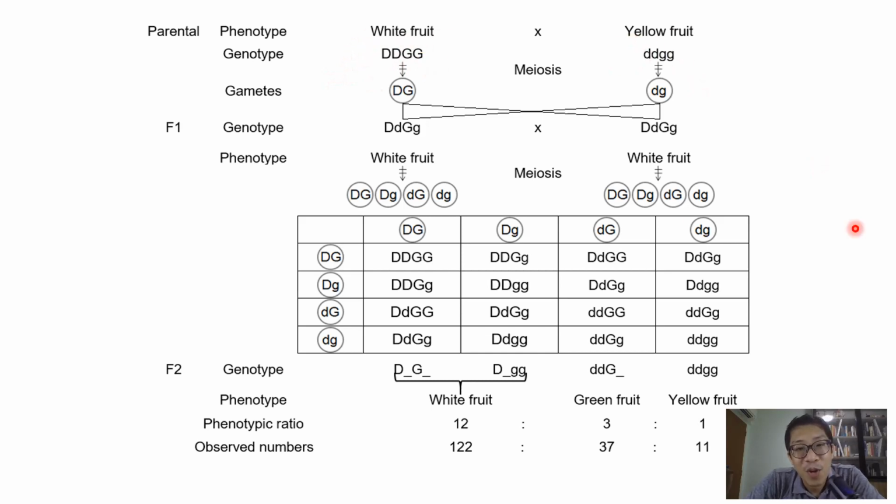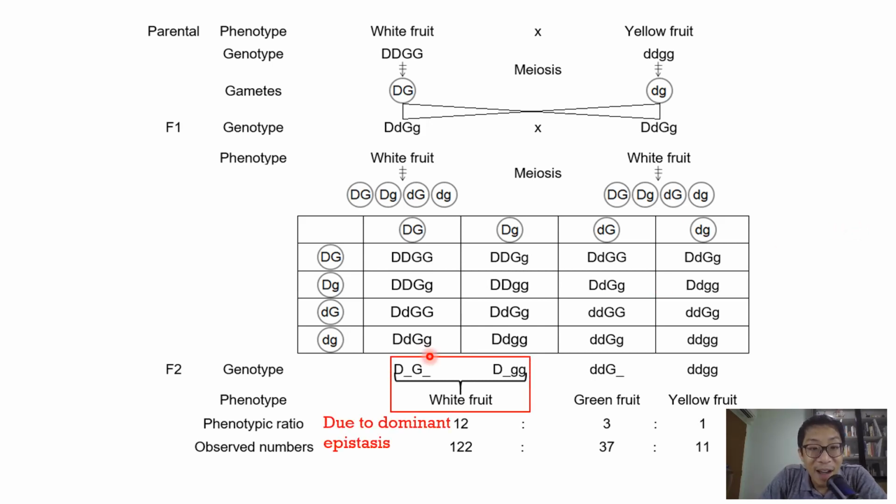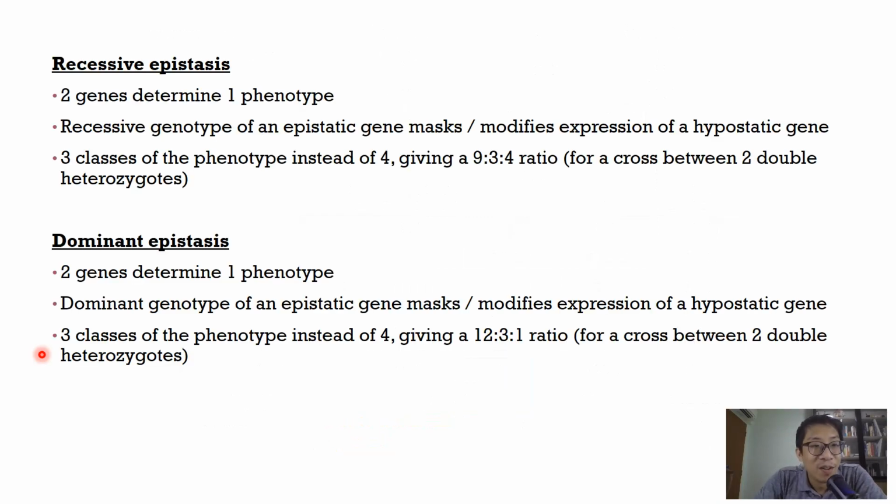Okay, so for the dominant epistasis diagram, again, it is very similar to a normal dihybrid diagram. The only difference is when the F2 phenotype is shown, you have two different classes of genotypes coding for the same phenotype due to the dominant epistasis. Okay, so just to summarize, dominant epistasis is still gene interaction, so two genes coding for one phenotype.